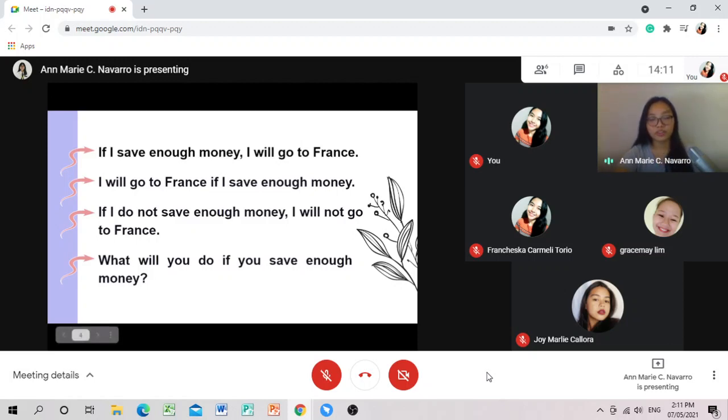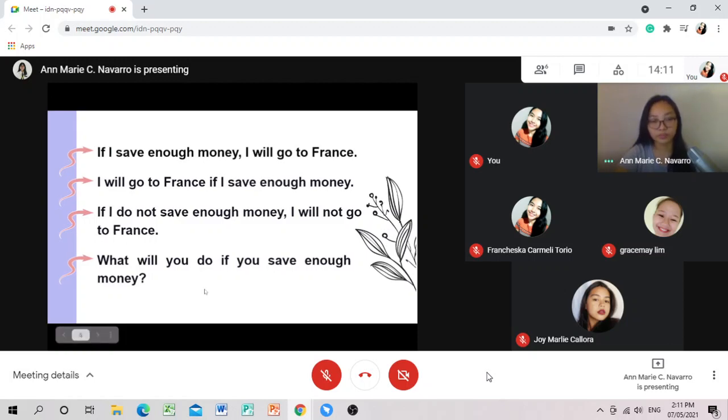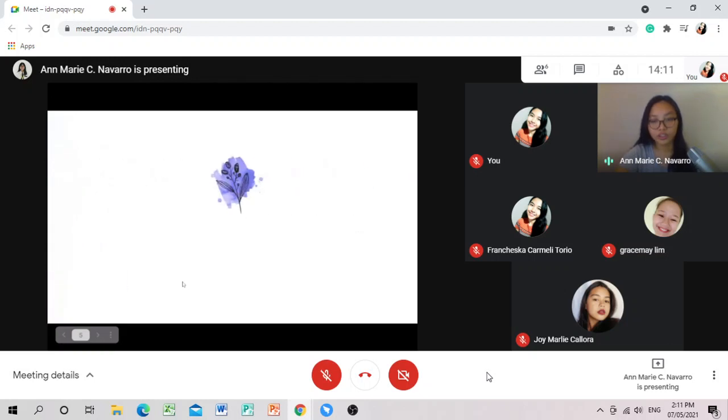Now, let's talk about the structure of the sentences you read earlier. So the first structure is first affirmative structure. It is the very first structure that we talked about. It contains if plus simple present, comma, will plus base verb.